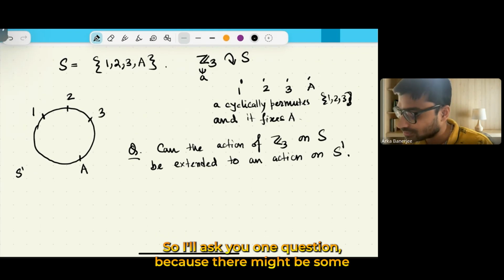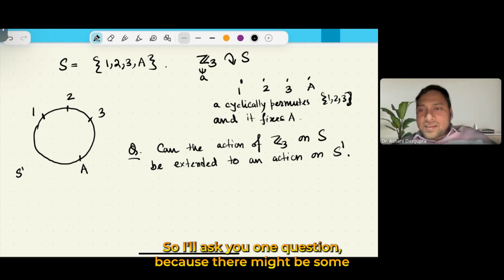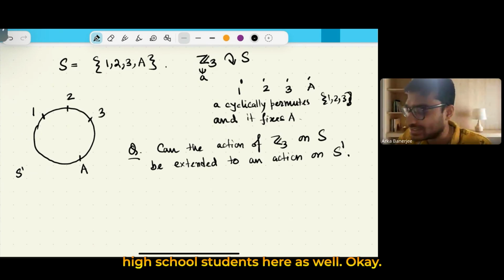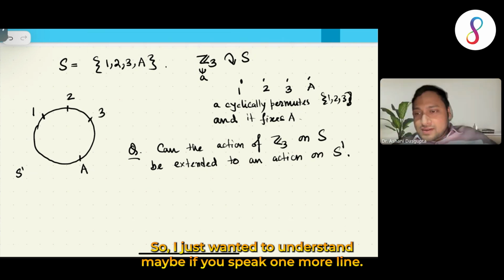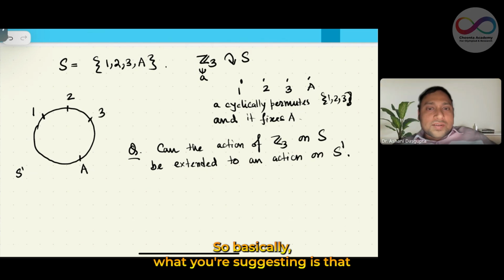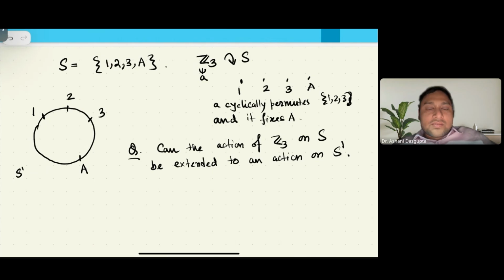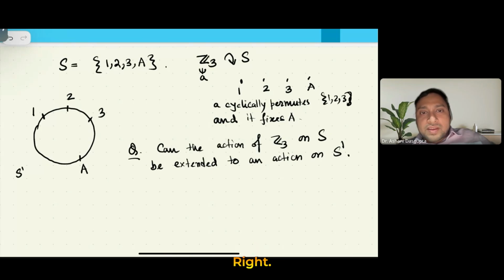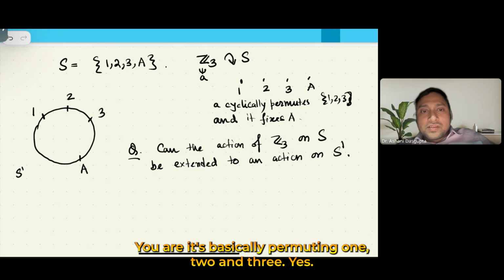So, Arka, can I ask you one question, because there might be some high school students here as well. Yes. I just wanted to understand, maybe if you speak one more line. Basically, when you say action of Z3 on S, you are essentially suggesting that, in the way you described, it's basically permuting 1, 2, and 3.